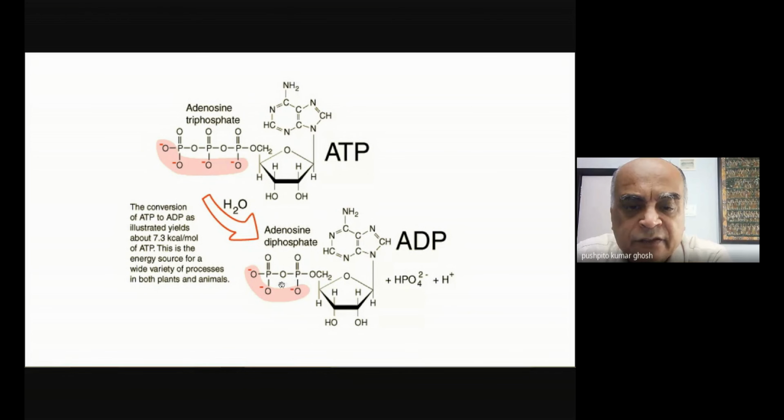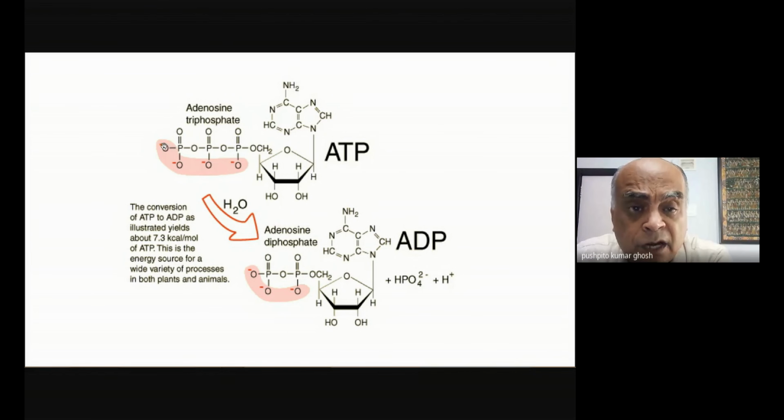What happens is that in ADP there are two phosphate linkages, so it's a diphosphate. But in ATP, one more phosphate joins and it becomes a triphosphate. And that phosphate comes from this HPO4 2 minus, and in the presence of H plus, it forms the triphosphate.